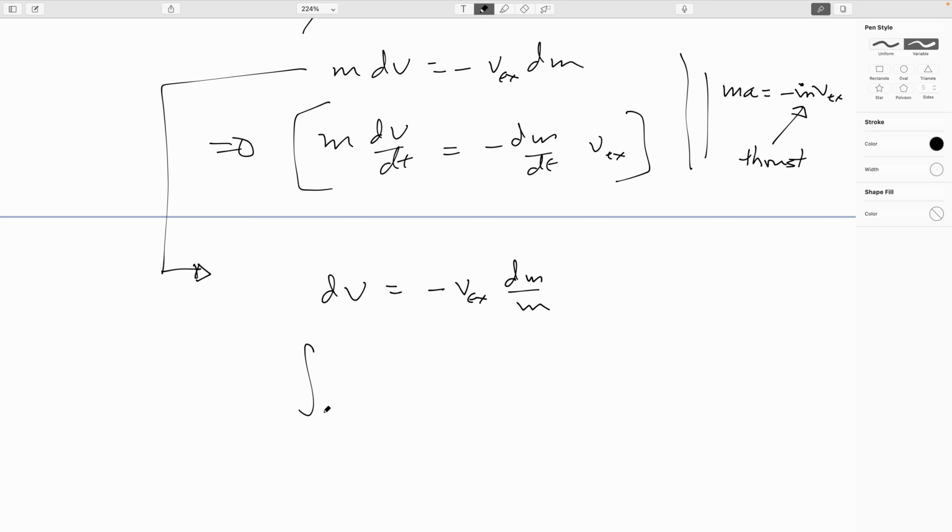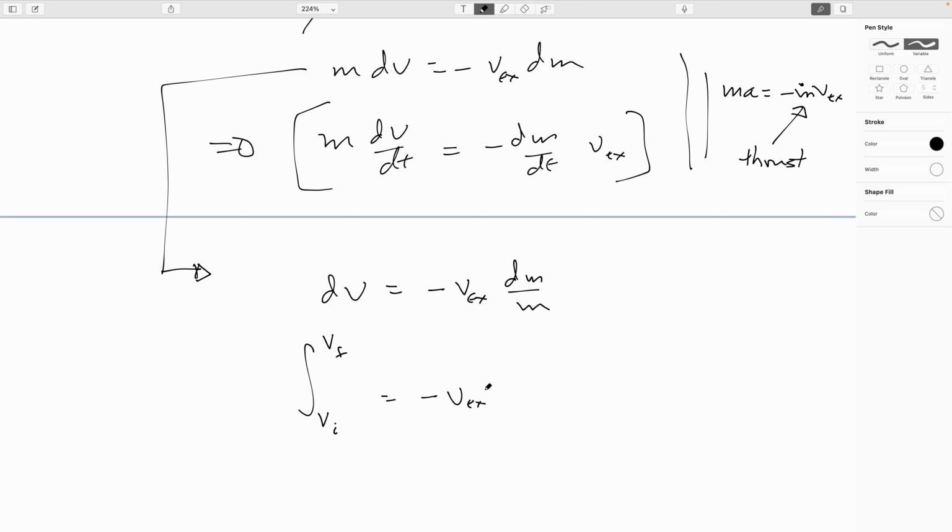I can do a definite integral here. I'll be integrating this from v initial to v final. And this will be minus v exhaust, which we'll treat as a constant. That's not really right, but if we're in deep space running a vacuum optimized engine, that is, near the surface of the Earth, v exhaust will change as the pressure changes.